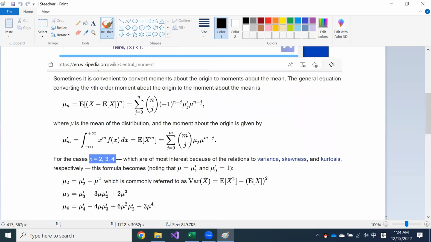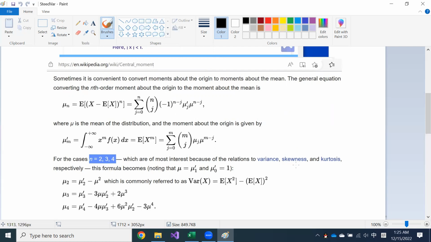If you go to Wikipedia looking for central moment, you will see this description as well. The third moment and fourth moment actually have names: skewness and kurtosis. So we have variance, skewness, kurtosis.